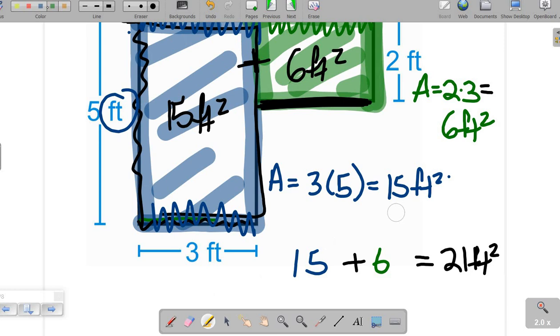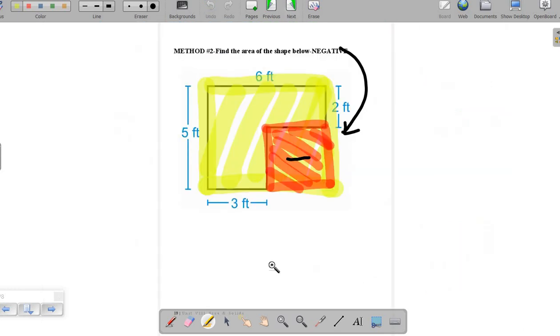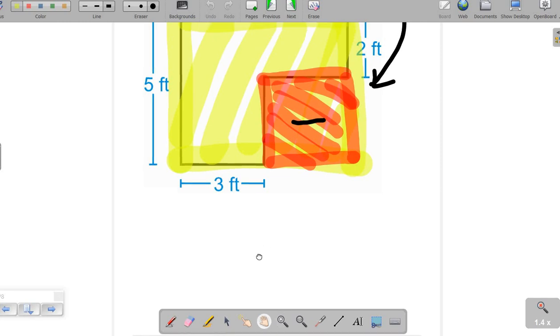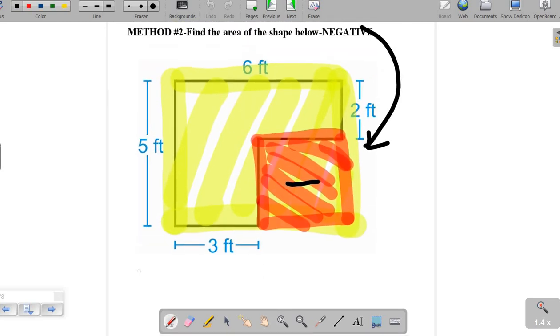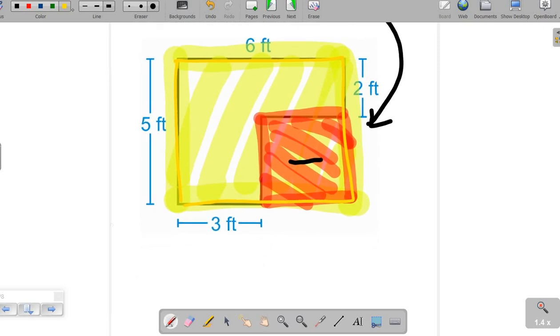That's called positive. You add up smaller shapes. Now, another way we could have visualized it is what's called negative space. Here, we find the area of this larger rectangle, which if you look carefully, is 5 feet and 6 feet.